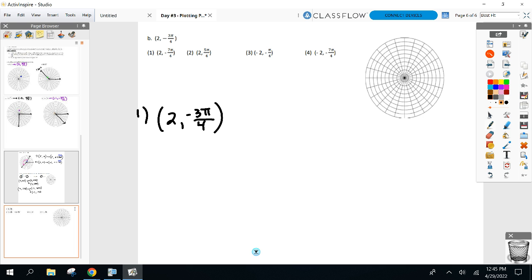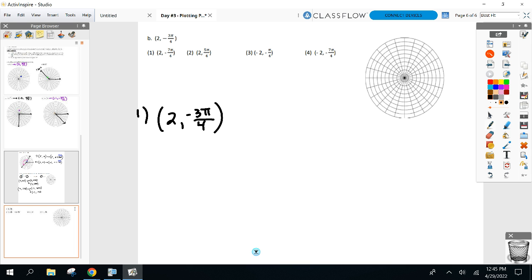We had a handful of people that don't like to deal with radians. They just want to stay in degrees. I'm okay with that. But remember, you have to convert it back at the end to see which one it's going to be. So if you want to change negative 3 pi over 4 into degrees, add, subtract 360 and 180, feel free. Might take you a little longer, but make sure you convert back at the end.